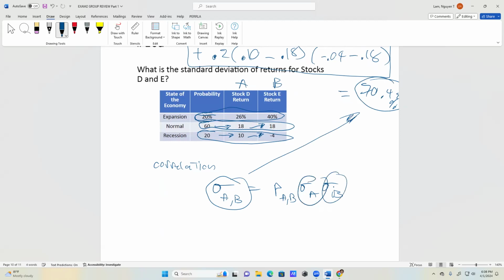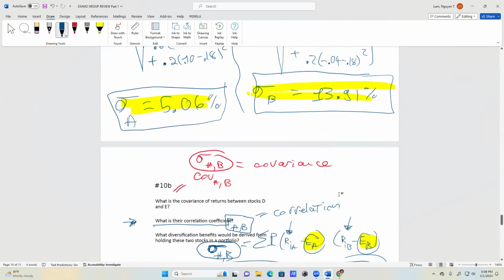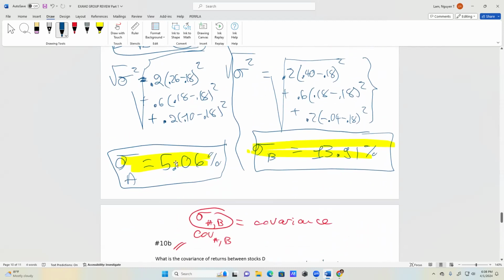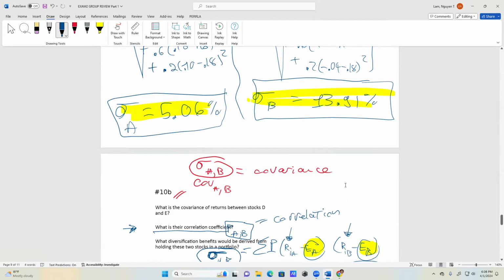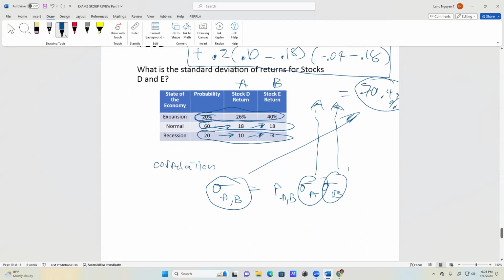This one and this one, we got from the easy steps when we broke it down and did it individually. So let me pull it. Okay, we get 5.06 and 13.91.